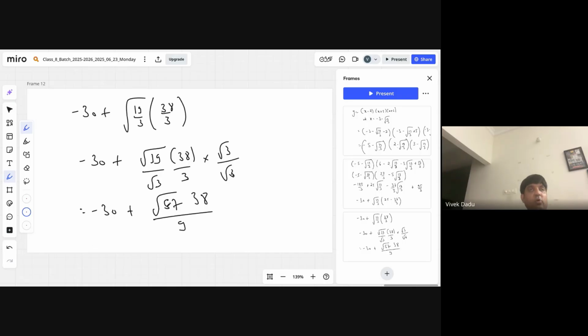Now, square root of 57, you can calculate a rough value. There is no other choice that we have here. It will be how much? It will be 7.56 actually, roughly.